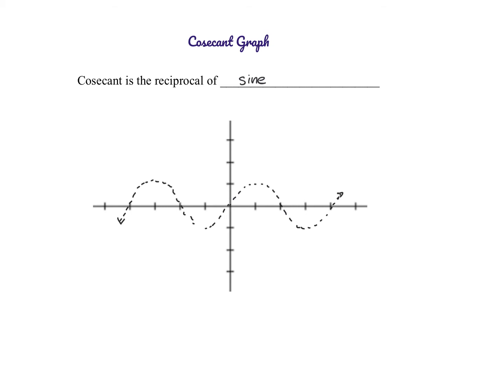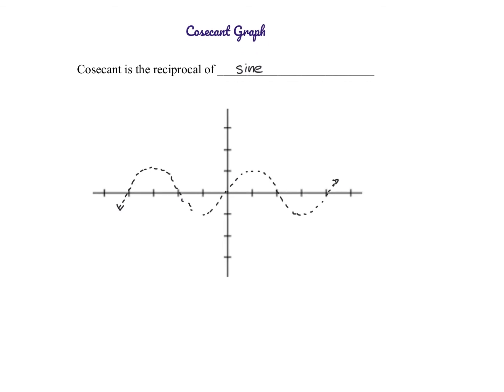Since cosecant is the reciprocal of sine, when sine is equal to 0, cosecant will be undefined, because the reciprocal of 0 is undefined. Wherever we have an x-intercept, where sine is 0, we're going to have a vertical asymptote for cosecant.